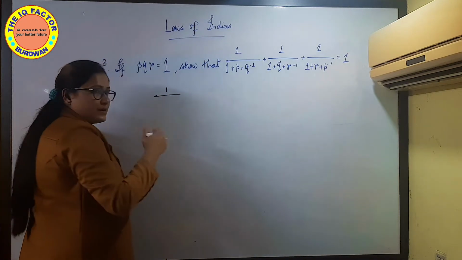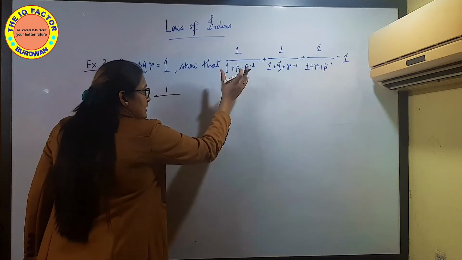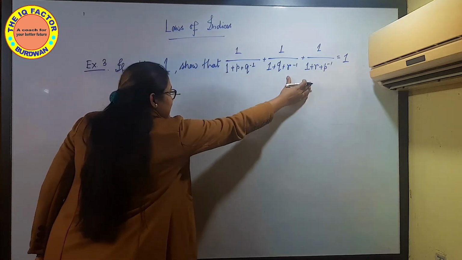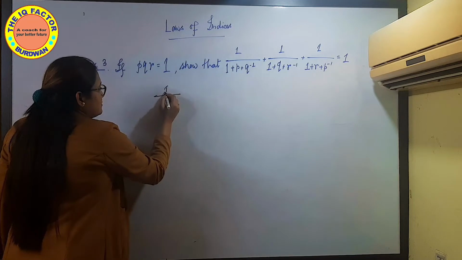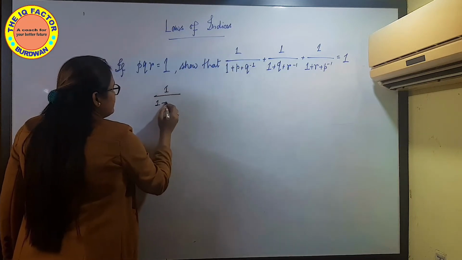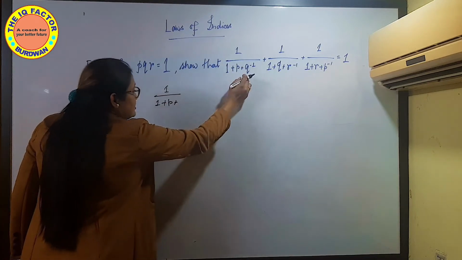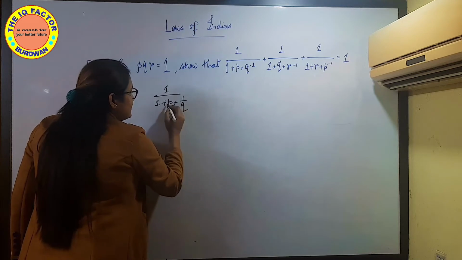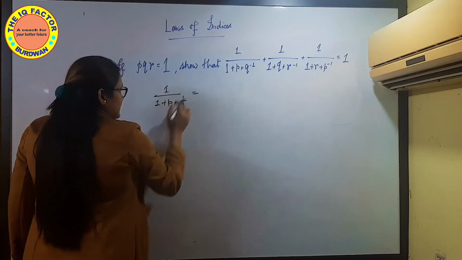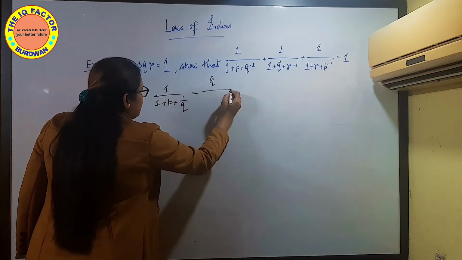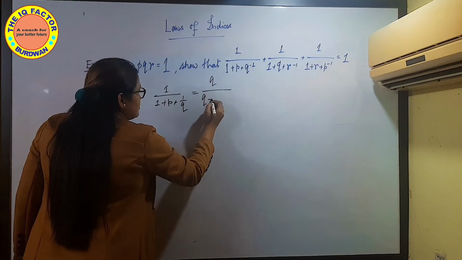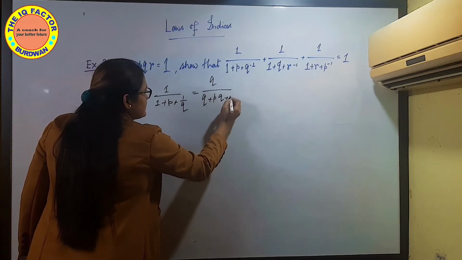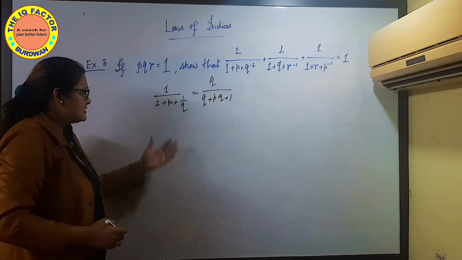So let's see what to do. We will go part by part: the first part, second part, third part. So it is 1 by 1 plus P plus Q inverse, and Q inverse we can write as 1 by Q. After simplifying, we can write Q by Q plus PQ plus 1. It's very simple.